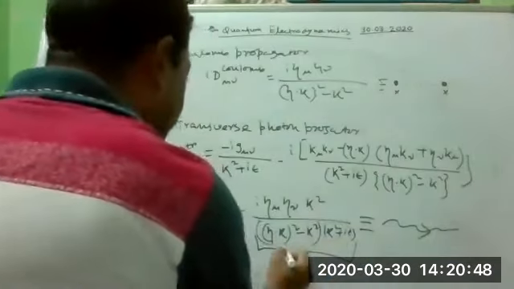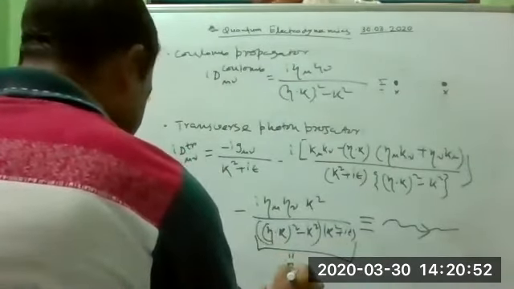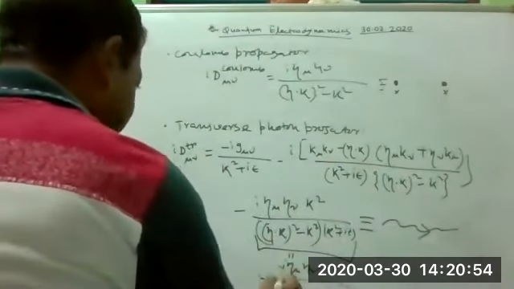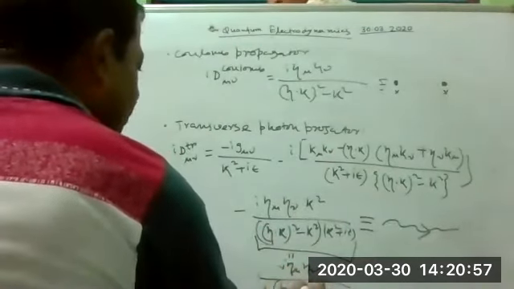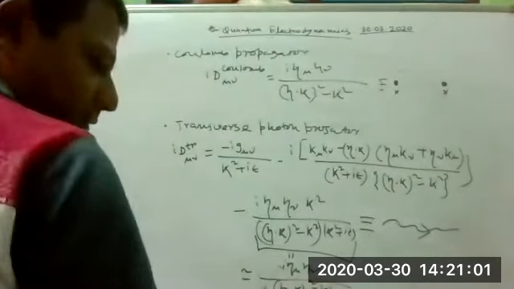This term is also written as i eta mu by ((eta dot k) squared minus k squared).